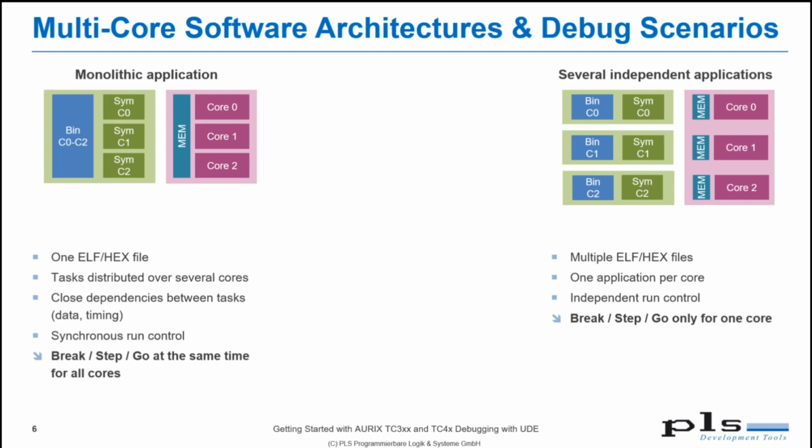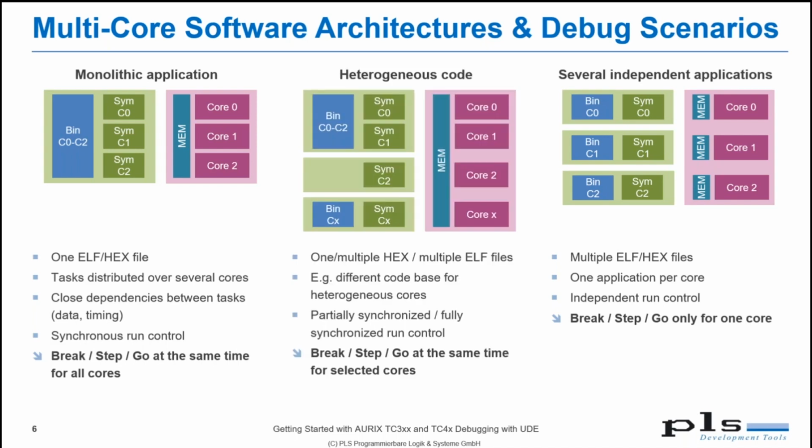We have close dependencies between the cores, and we need synchronization of the debug actions. So all the cores must be stopped synchronously, for example, if the application hits a breakpoint or if you do single stepping on one core. Otherwise you would immediately get an inconsistent application state.